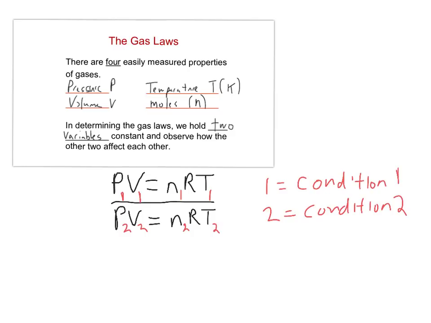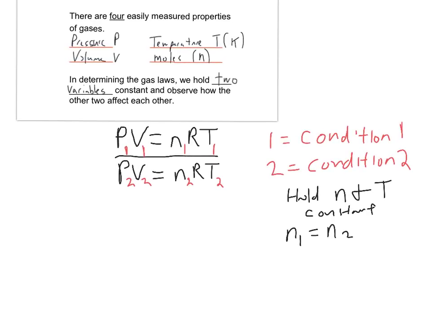So if I want to look at how pressure and volume are related, that means that you hold n and T constant. That would mean that n1 is equal to n2, and T1 is equal to T2.